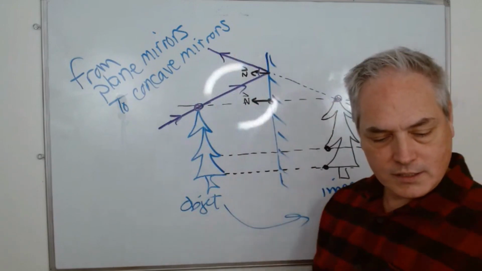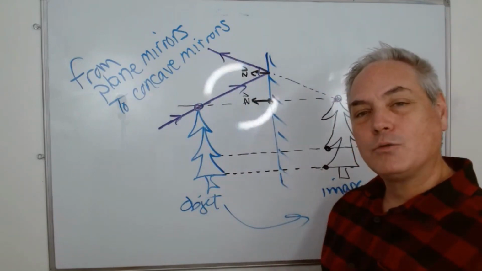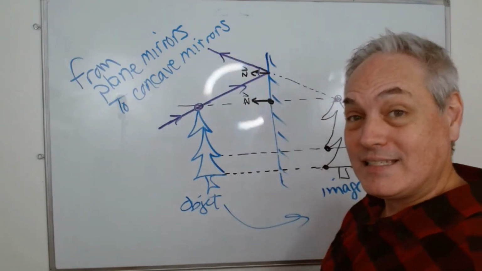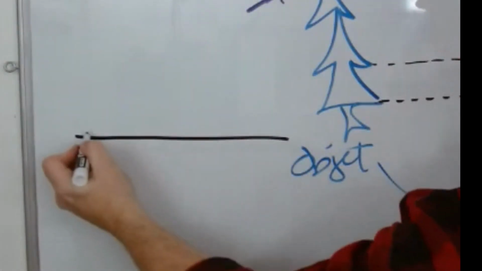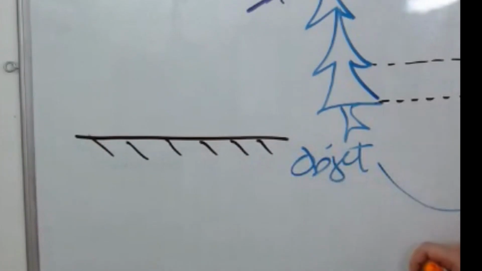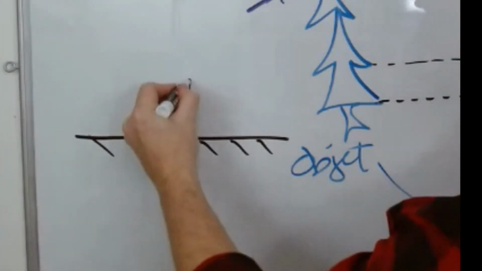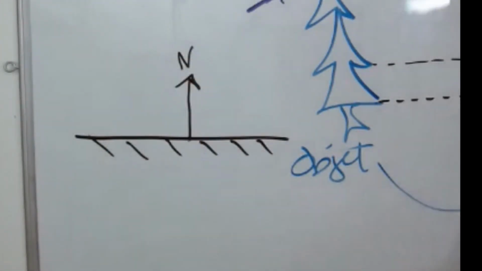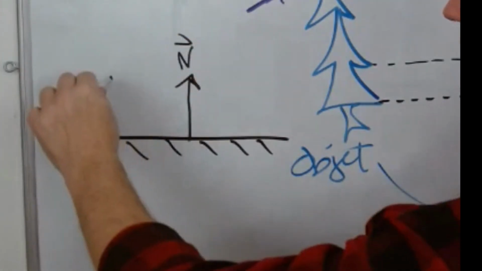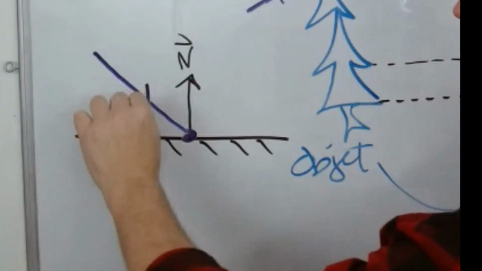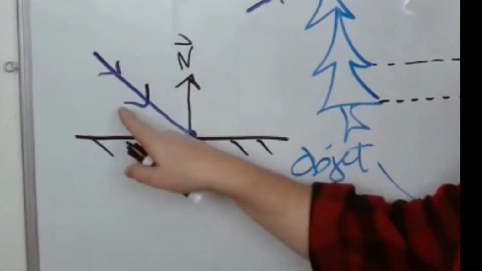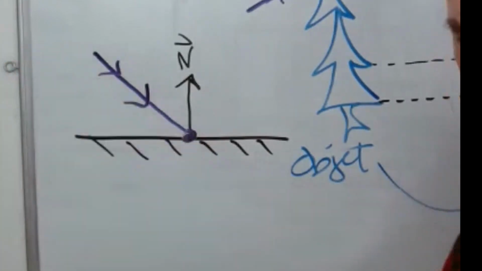In order to do this, some of you say, well, I forget how it works. Let's look at the basic theory of a plane mirror. If you have a plane mirror like this, can we see it nicely? Very nice. And you have the normal like that. If you have a ray of light going this way to this point, so here we have the incident ray.